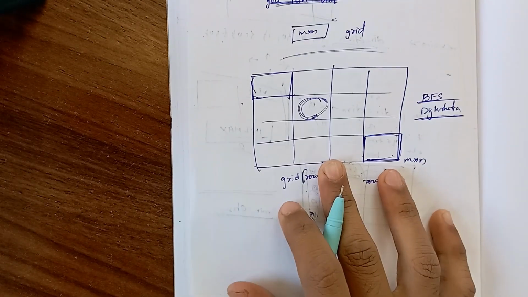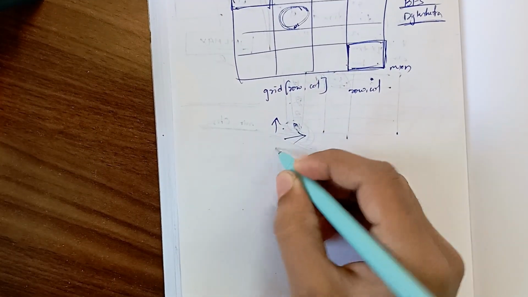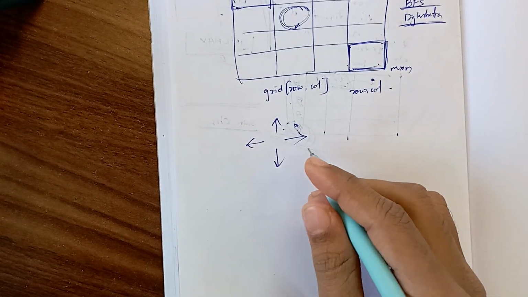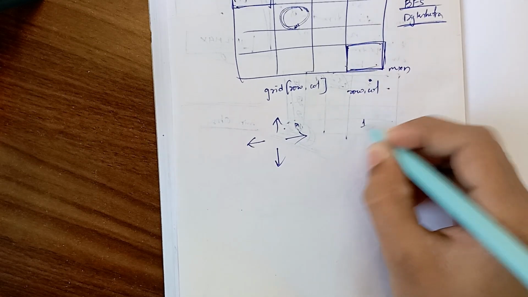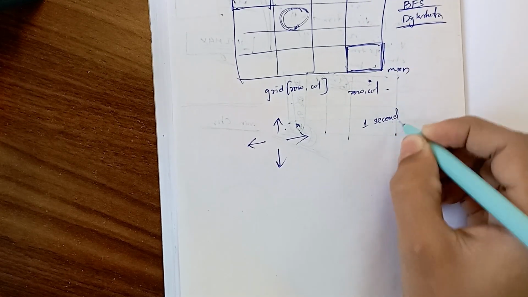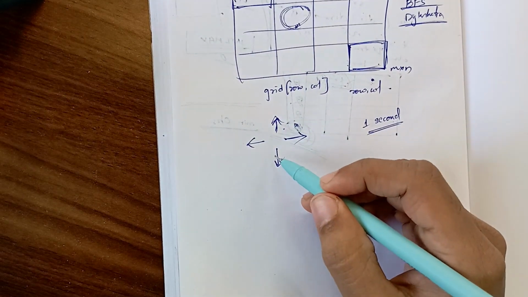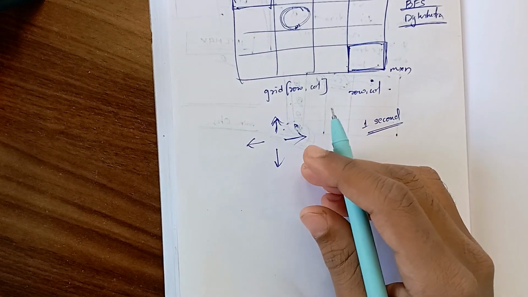So we can move in four directions: up, right, down, and left. Each move we make takes 1 second. So every time you move up, right, left, or down, it takes 1 second for every move.